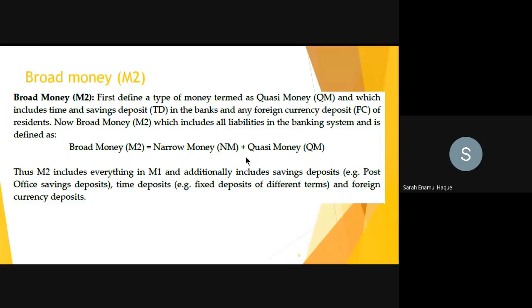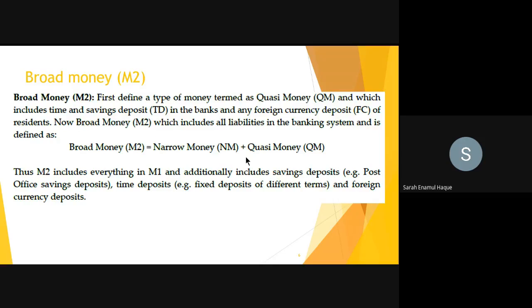And M2 is also called broad money. Broad money is basically your narrow money plus quasi money. What is quasi money? Quasi money here means basically the long term deposits that people make in banks, basically your FD, your different types of savings deposit in banks, time deposits. There are many deposits that you cannot break in the middle, say for 3 years, 4 years, 5 years, 10 years.